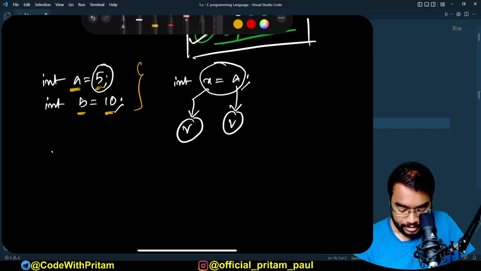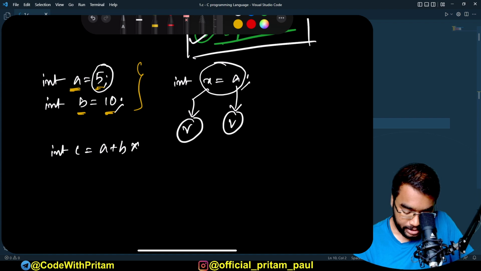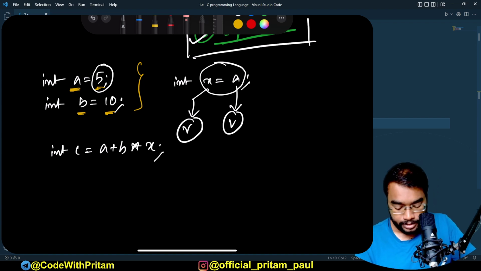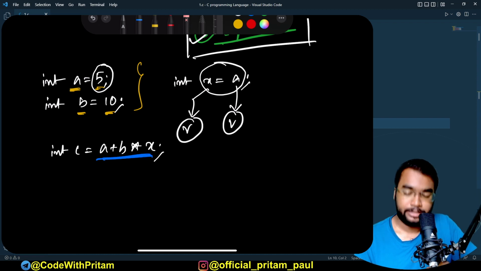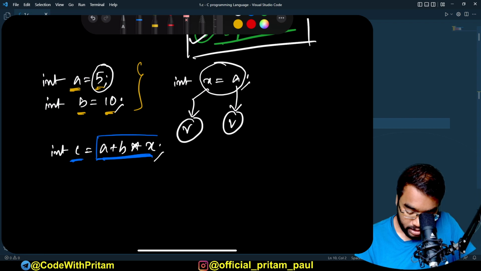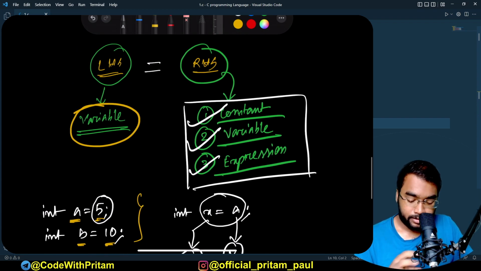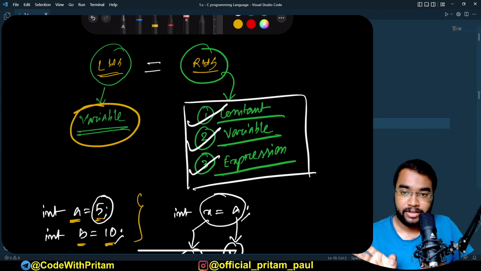If I write integer c equal to a plus b asterisk x, for example, here this is an expression and this is a variable, so the value of the expression will be calculated and that value will be assigned to this variable. Clear? So these are the three types of right hand side things which can be assigned to a variable.